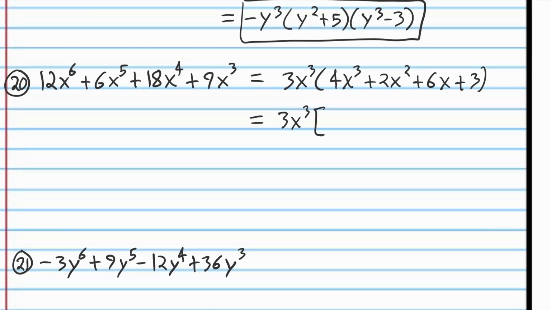Put your brackets. Factor out the greatest common factor from the first two terms. That would be 2x squared. And factor out the 3, and you get 2x plus 1 in the second two terms.